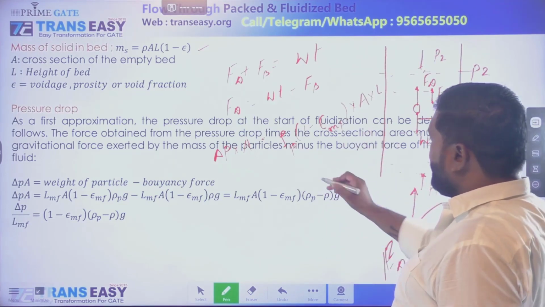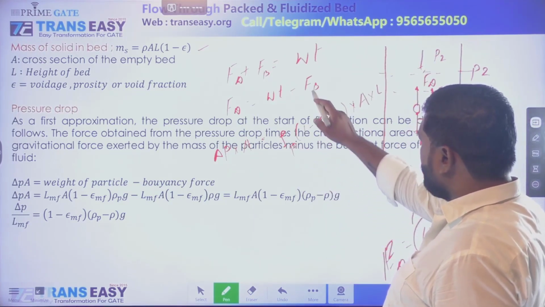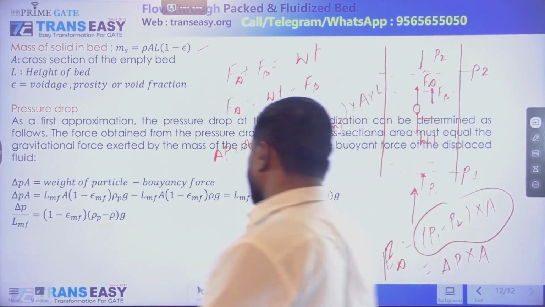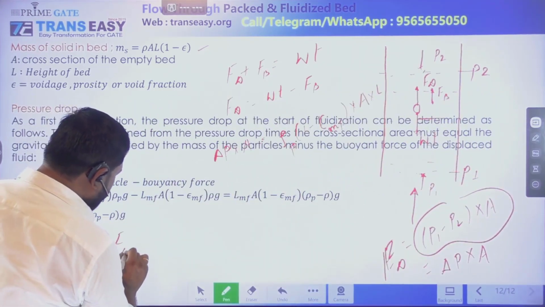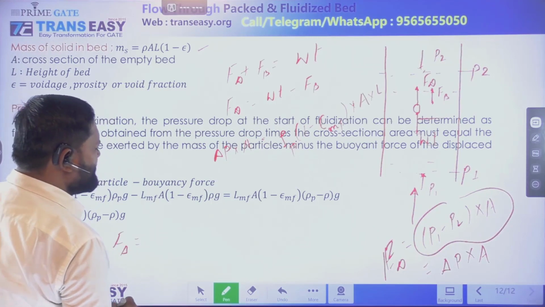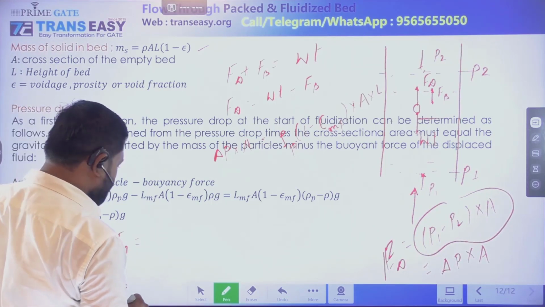Now we calculate the buoyancy force, FB, separately. Buoyancy force is the weight of the liquid displaced by solid particles.